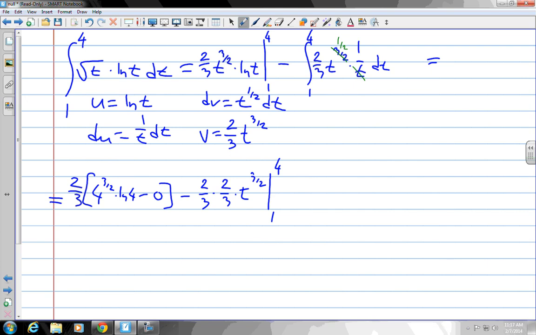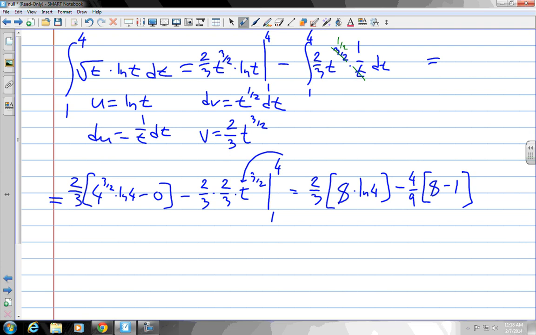So it's 2/3. 4 to the 3/2 is 8 times natural log of 4, minus 4/9. Plug in 4, you get 8 minus 1.